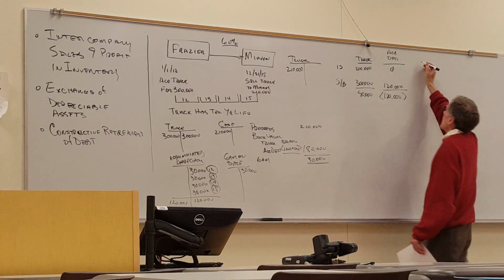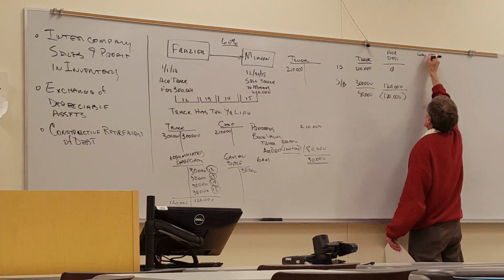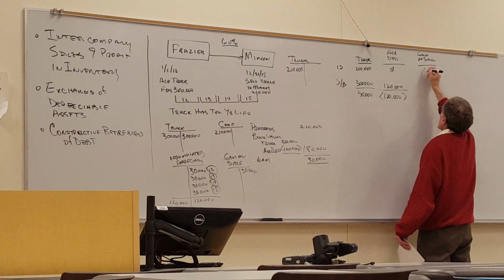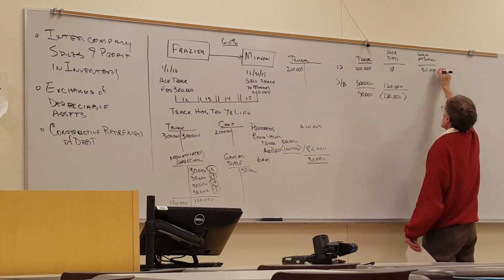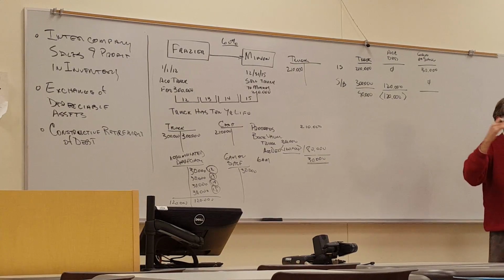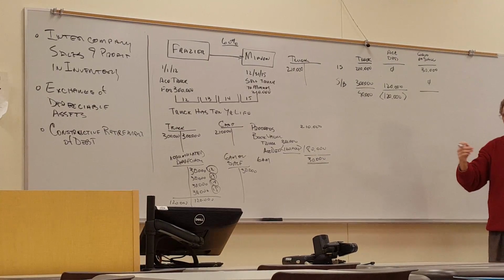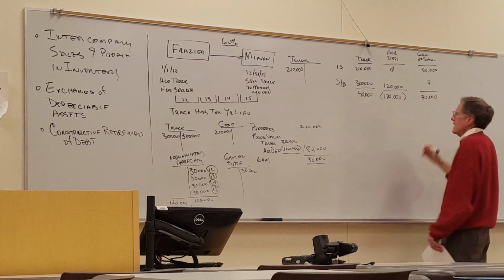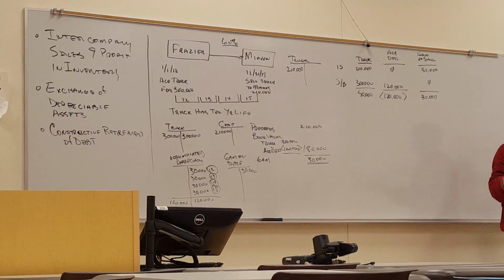The third thing we have is the gain on sale. We have $30,000 on the books. There shouldn't be any gain on sale from one business unit, affiliated business unit, to another. So we need to get rid of the gain. To get rid of the gain, we're going to debit the gain.